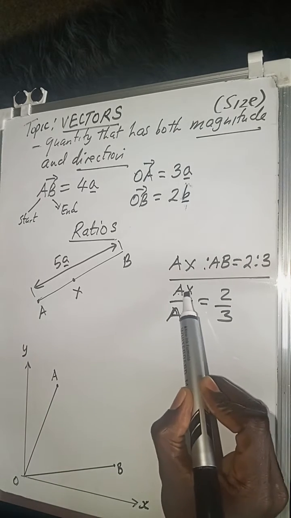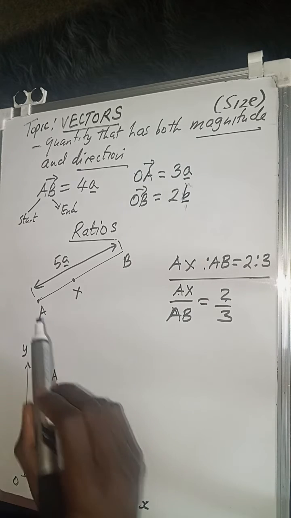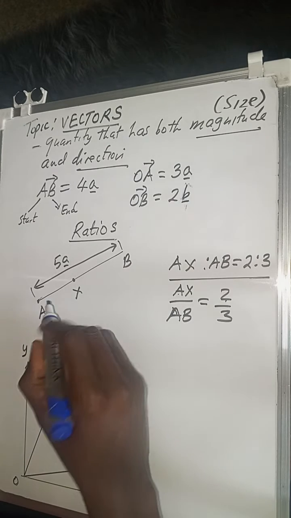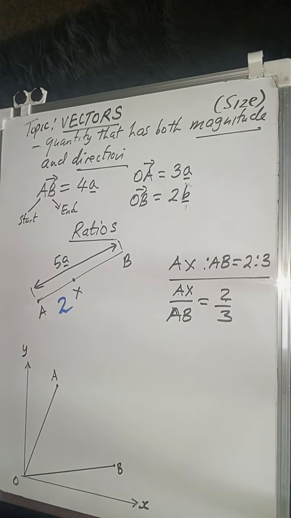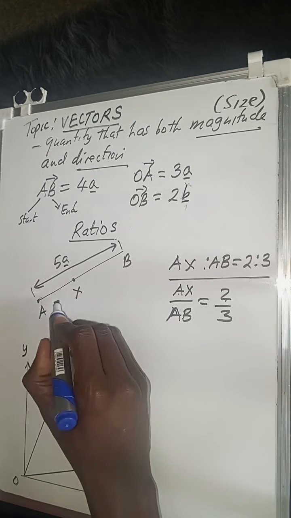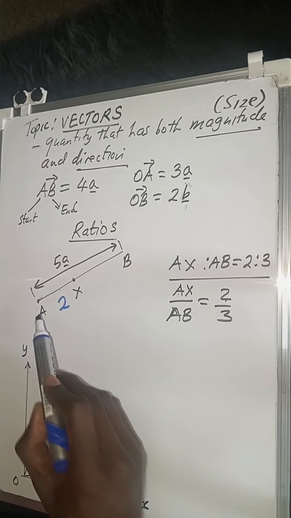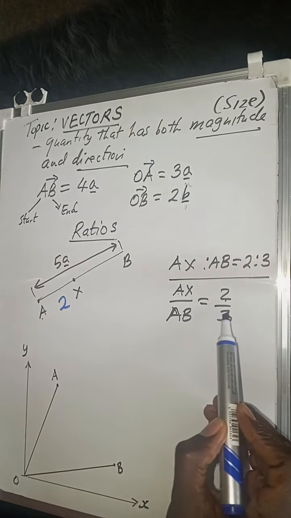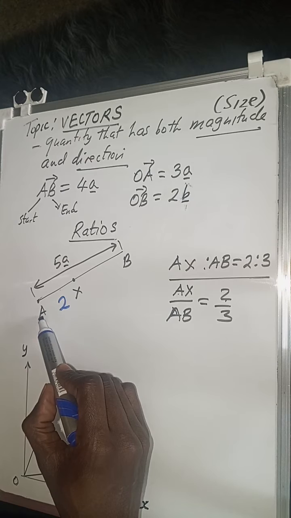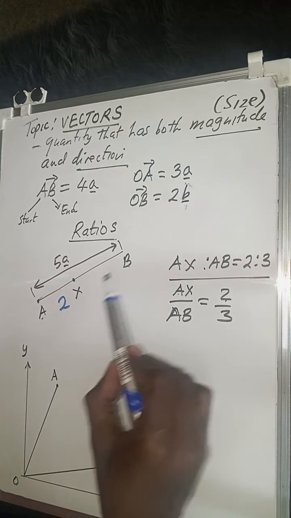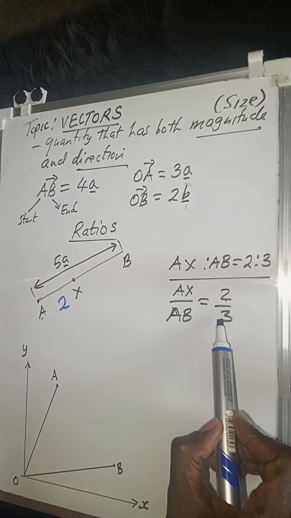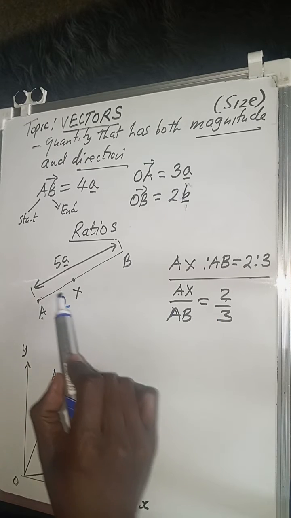So this one says A to X is a 2. So meaning the distance from A to X is simply representing a 2. But from A to B, it is representing a ratio of 3. So meaning, since I'm starting from A to B, not from X to B, it is simply 3, meaning they have actually included these 2.